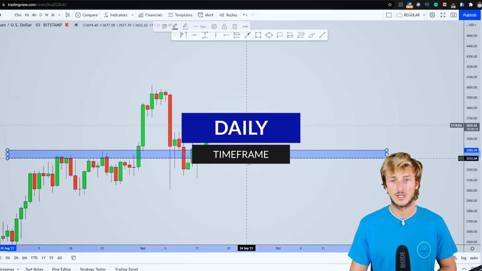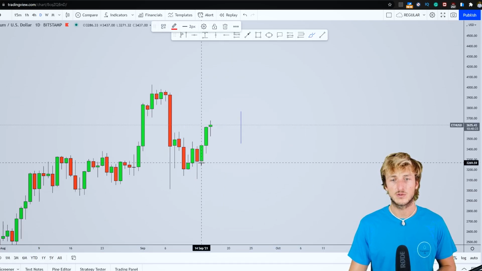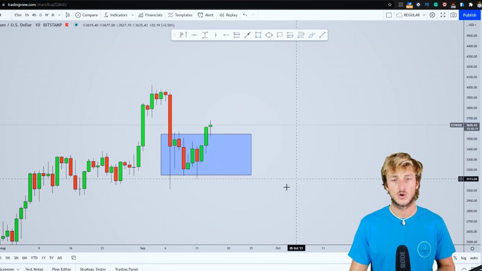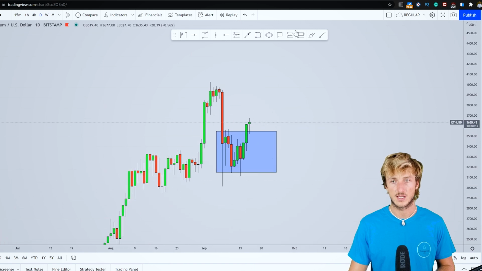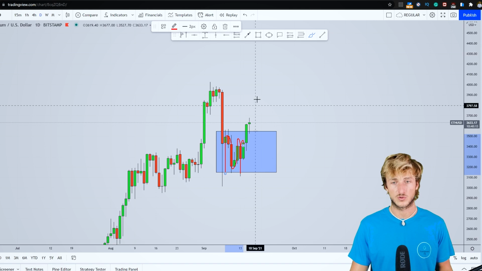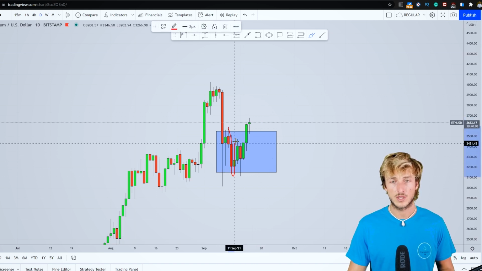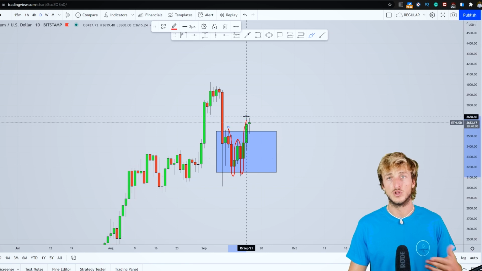We go down on the daily time frame, and here on the daily, we can see how the market, in creating this rejection to the upside, has first printed this horizontal accumulation phase, obviously following the price action that Bitcoin was creating, and at the moment has broken out to the upside with the creation of this overextended W formation.